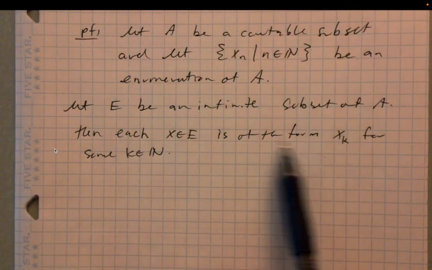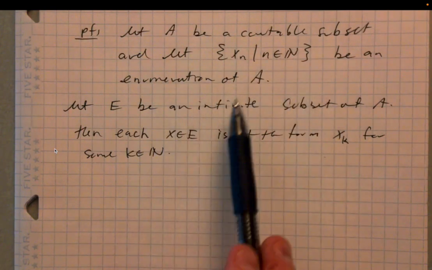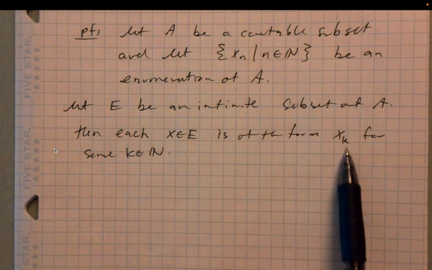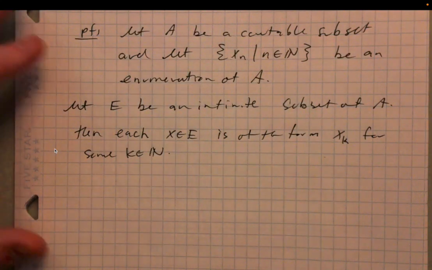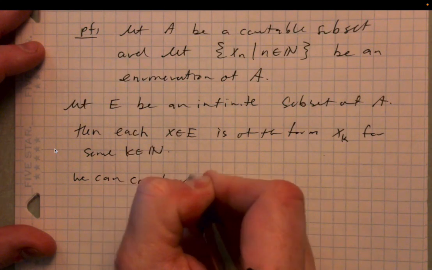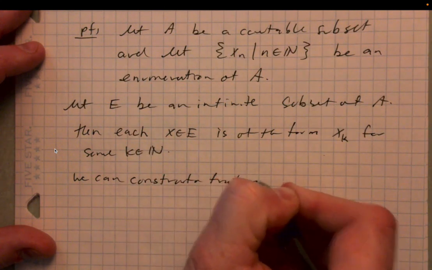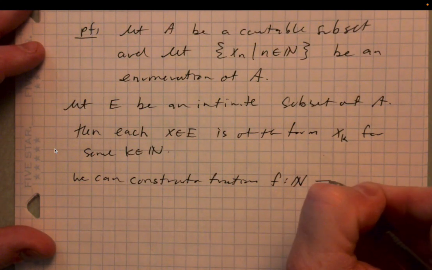Obviously, E is a subset of A. A we've enumerated like this, and so every x in E is going to be one of these x sub n's, and so we just say so. Now we can inductively construct a function f from the natural numbers to E.